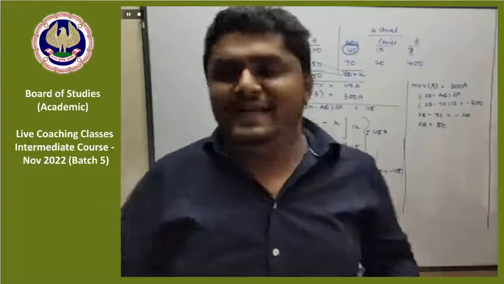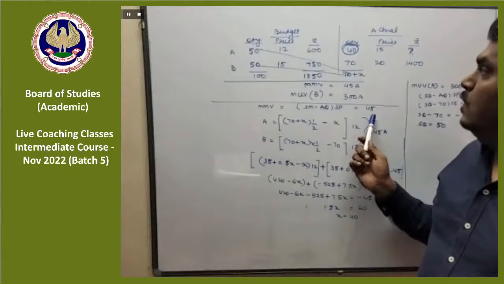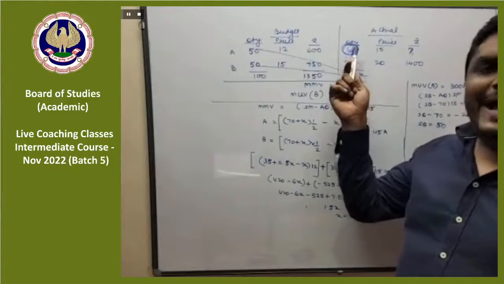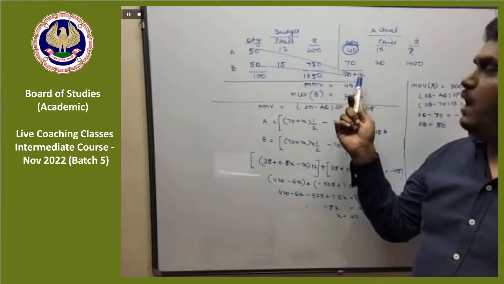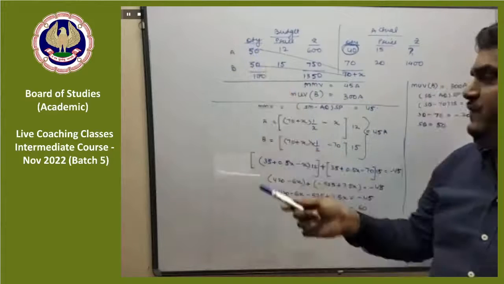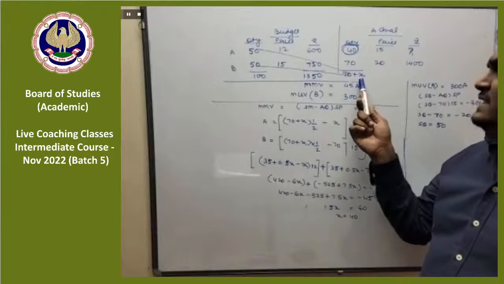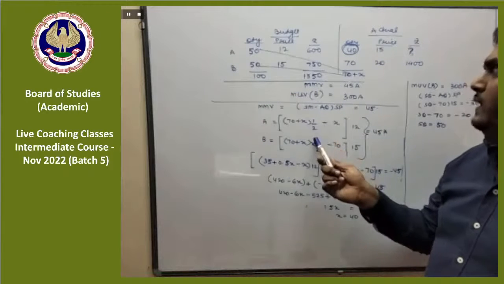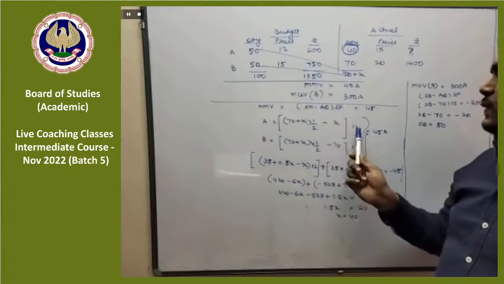So here the material mix variance is given, that is 45. So let's assume the actual quantity of A, B, X. So the total actual input will be how much? 70 plus X. This should be in the ratio of 50:50. So this will be 70 plus X, that is the actual quantity, into 1 by 2 minus X into standard price, that is 12.